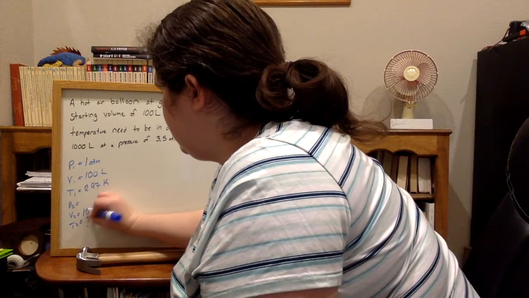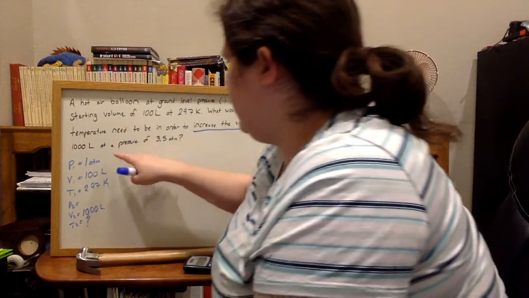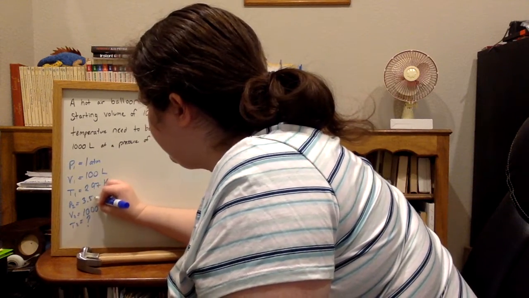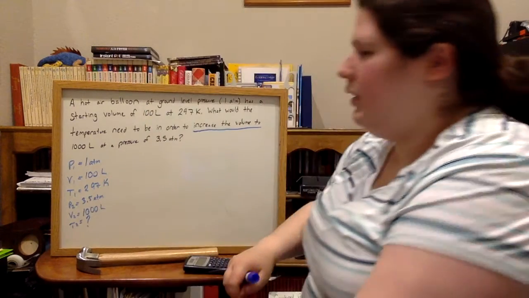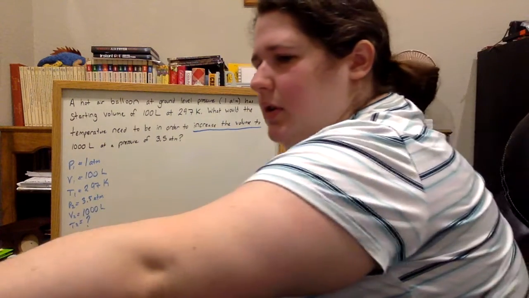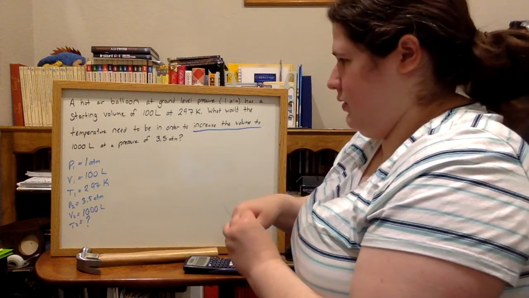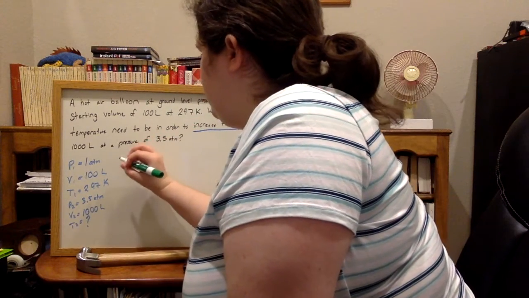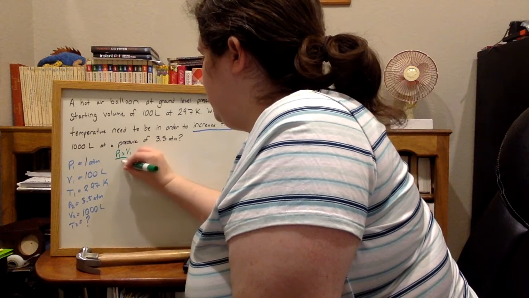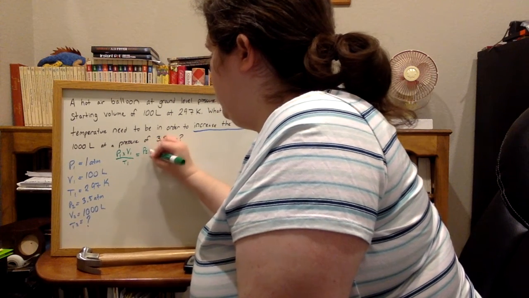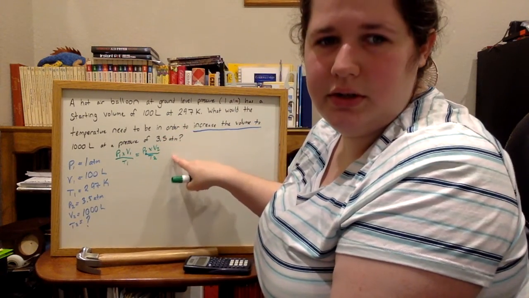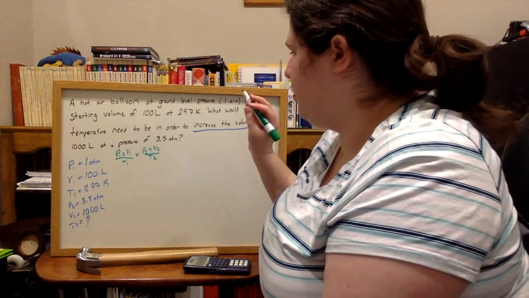All right, so 1,000 liters at a pressure of 3.5 atmospheres. Okay, I've identified my variables. Let's plug them in. I know that P1 times V1 over T1 is equal to P2 times V2 over T2. So I'm going to plug into that equation. It's the same one from the previous board.